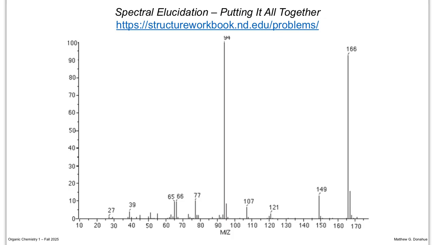What I thought we would do is go through each one and see by the time we get to the last one if we can figure out what the structure is. So here's the mass spec data. Is there anything you can confirm or reject based on what you see?